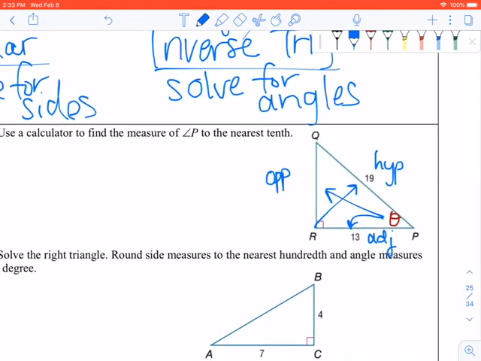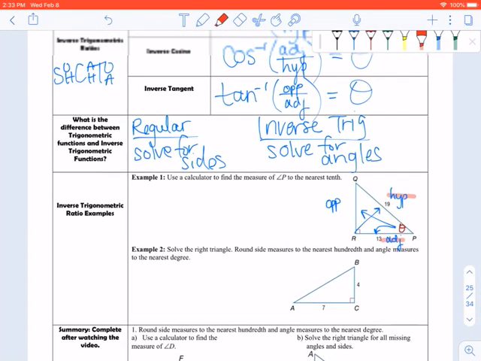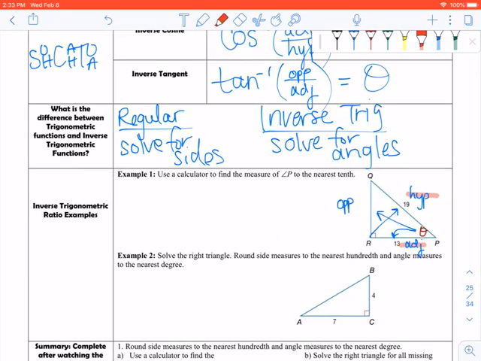So when I set this up, I have the adjacent side and the hypotenuse. If we look at SOHCAHTOA, adjacent and hypotenuse goes with cosine. So when I set up my function, I'm going to have cosine, and I'm not going to use the inverse just yet because I want to show you what it looks like the regular way.